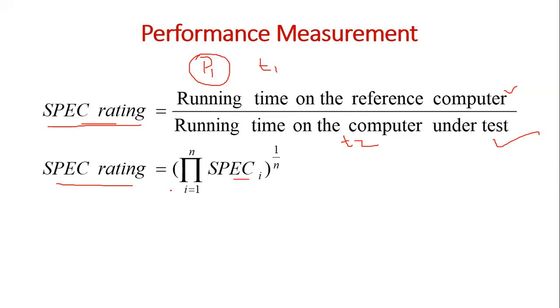Say, for example, if you get a spec rating value of 50, the spec rating value 50 means the computer under test is 50 times as fast as the reference computer. Okay, so that's the way.